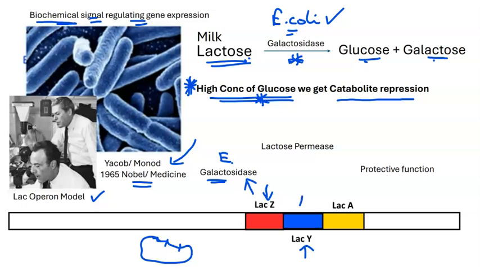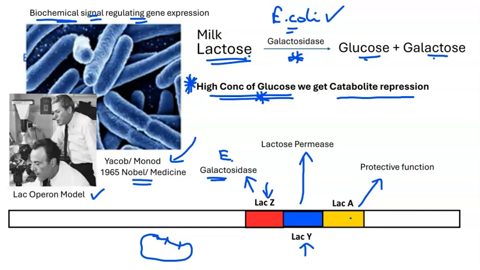Lac Y is responsible for producing a permease. In other words, it allows the glucose and the galactose to be taken through the cell membrane. And Lac A is involved in a kind of filtering function to protect the E. coli cells when it's absorbing these products from molecules which might do it harm.